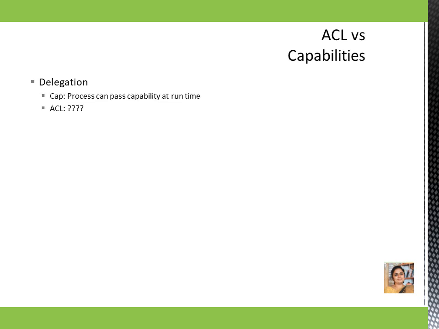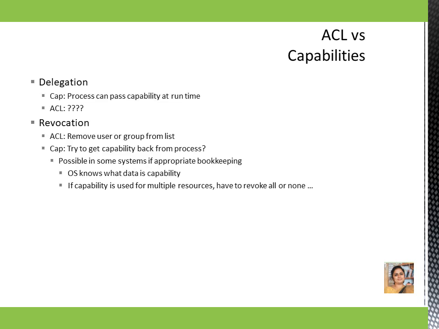Delegation: a process can pass a capability at runtime. Revocation: remove the user or group from the list, and try to get the capability back from processes. This is possible in some systems with appropriate bookkeeping, where the OS knows what data is a capability. If a capability is used for multiple resources, you have to revoke all or none.